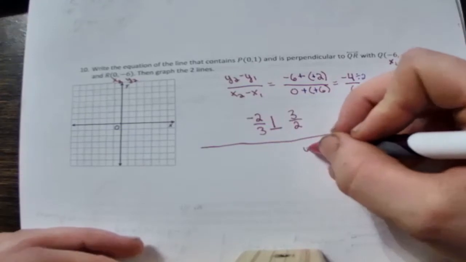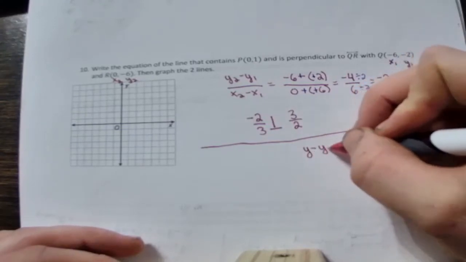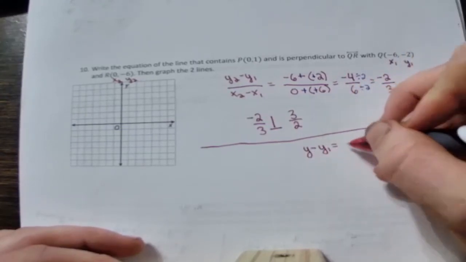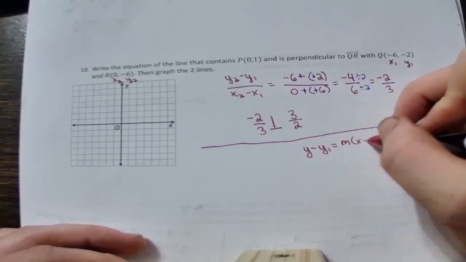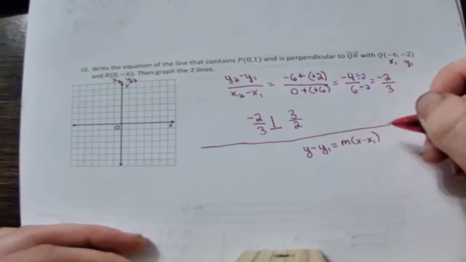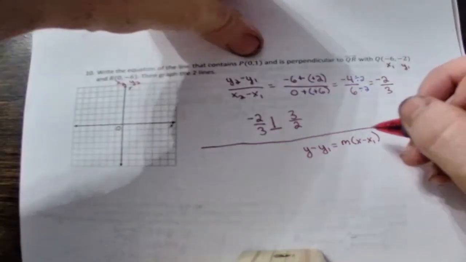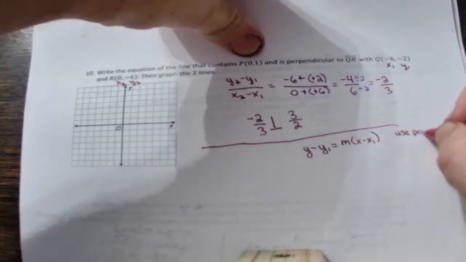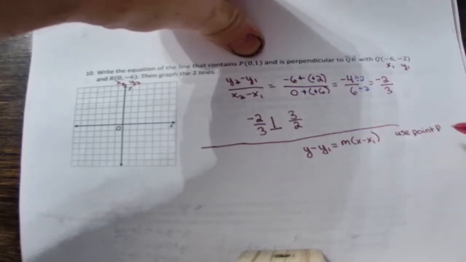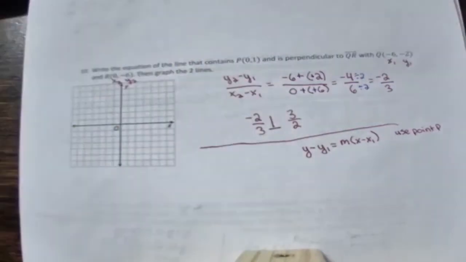Now we have y minus y1 equals m times x minus x1. So we're going to use point P, in case you didn't know, to make the new equation.